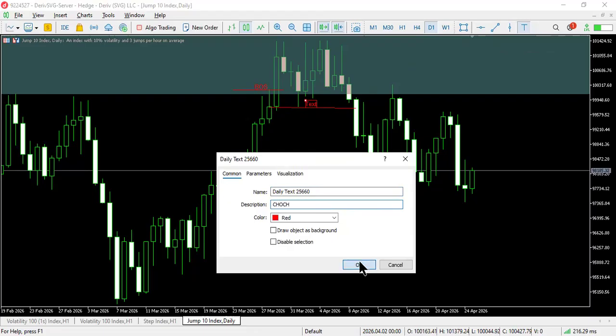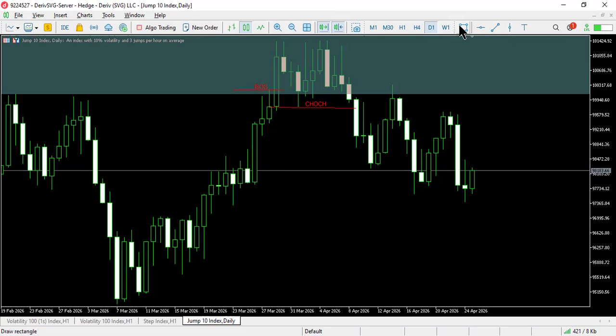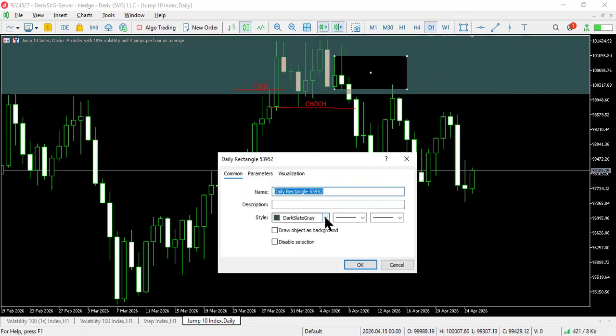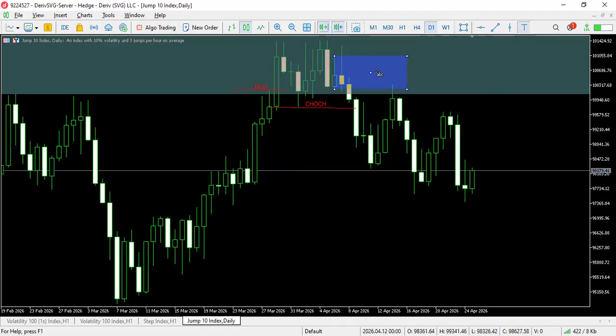So we have a change of character, and then the order block, which caused the change of character from the daily time frame. It is the order block where price stepped in, and we are getting a push to the downside.